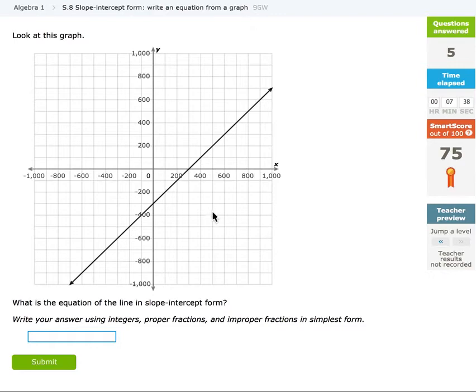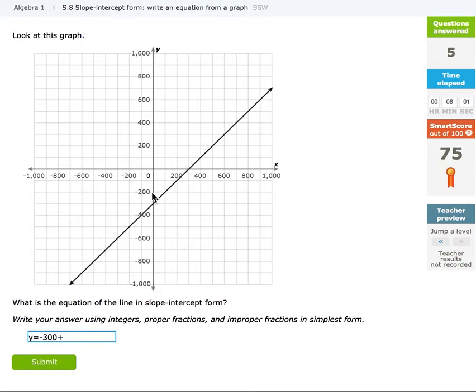Okay, now notice these increments got a lot bigger. Now each increment is going up by 100. Okay, let's try this. Shouldn't be too bad. Y is equal to, let's start with the y-intercept again, negative 300. And from there we are increasing. That's a positive slope. And the increments go up.